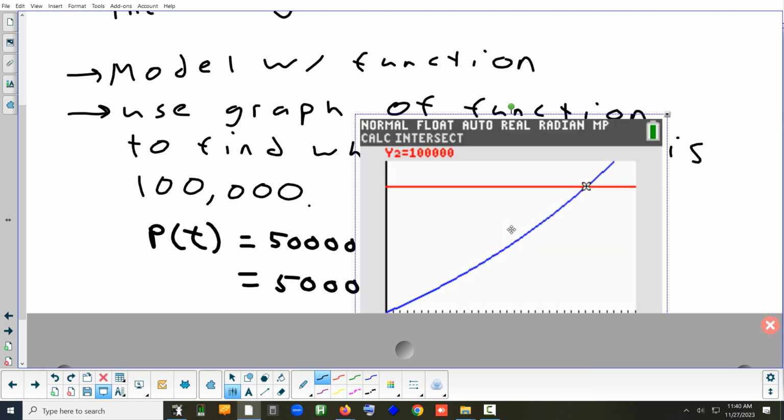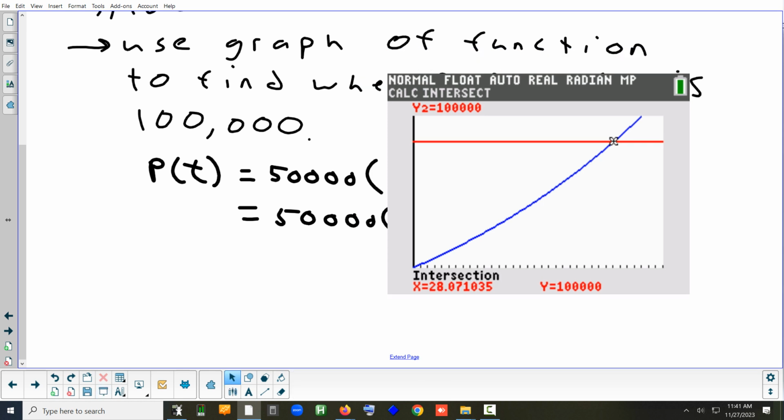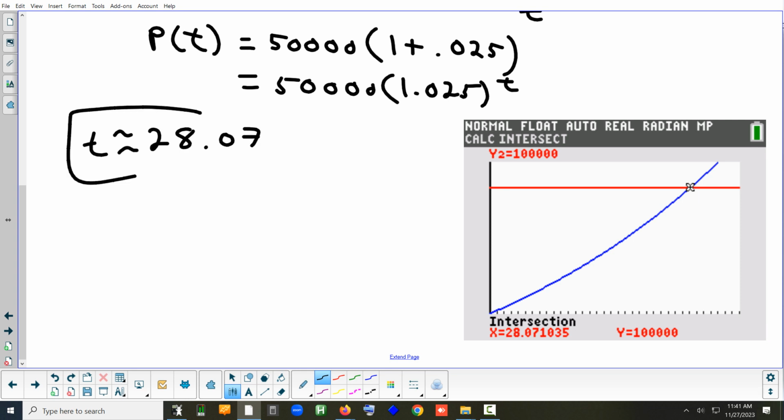Okay. So how long is it going to take? 28.07 years. Yeah, it's going to take about 28.07 years for the population to double. And I use the squiggly equal sign because that's approximate.